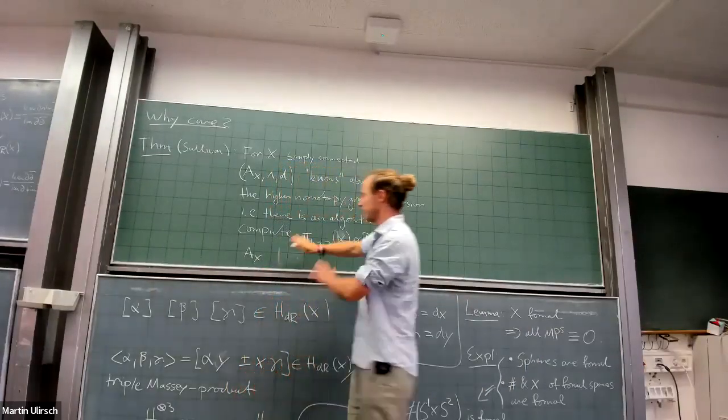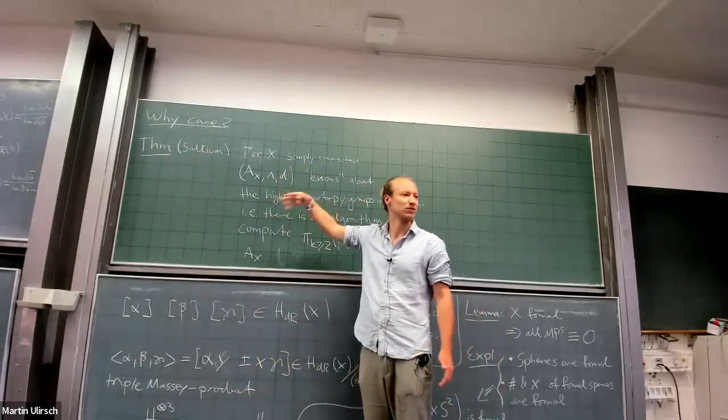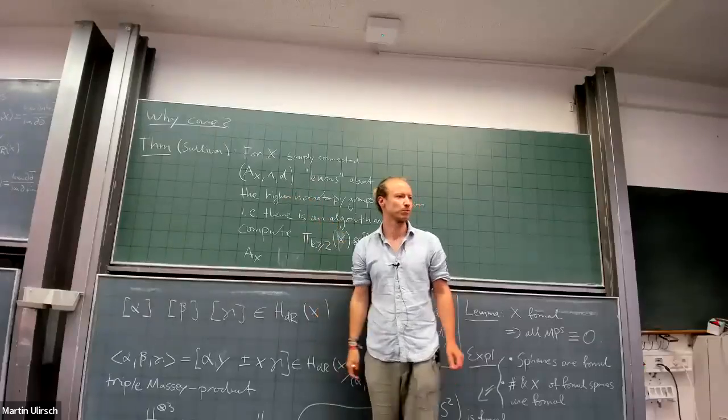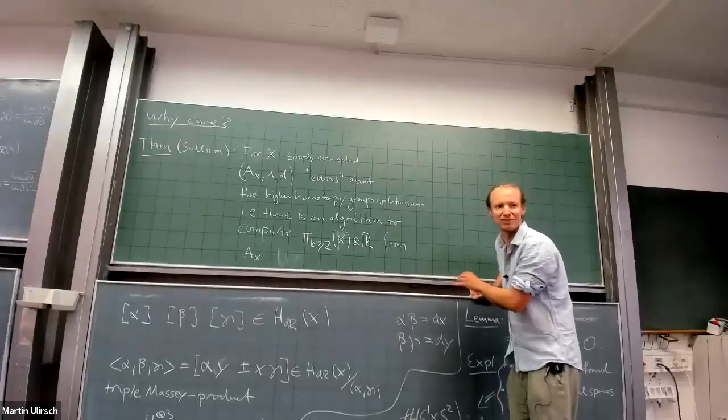And even, I'm not going to write this, you really only need AX up to quasi-isomorphism. Okay, so this is all still old stuff. This is from the 70s.